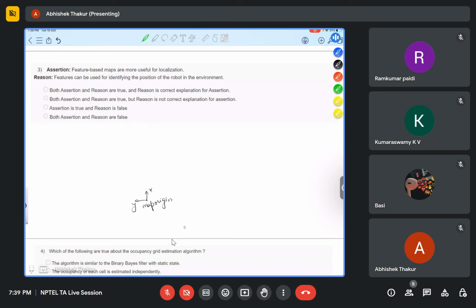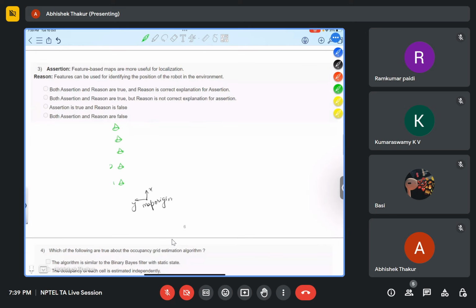Let's suppose we have cones as features in the map. So this is cone 1, cone 2, cone 3, cone 4. Let's suppose we have 5 cones. And this is our vehicle.